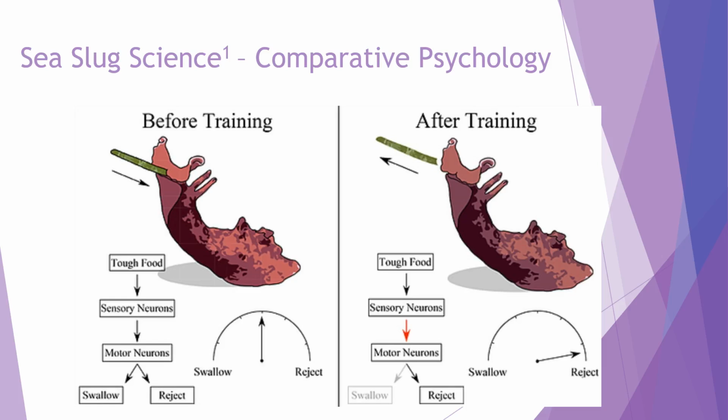The example I always think of for comparative psychology involves sea slugs. It's an example that I got started with when I was learning a bit about neuroscience. So the reason that scientists like to work with sea slugs is that they are very simple animals.